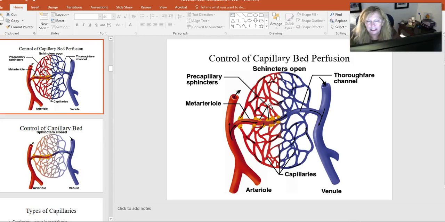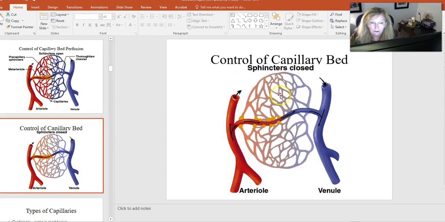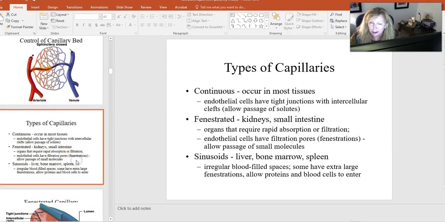And so blood is going to be diverted to those muscles, and areas like for digestion and whatever, this is going to close off, and so the blood is going to be diverted to the areas that you need it. So not something you have to think about. Your autonomic nervous system is actually taking care of it.